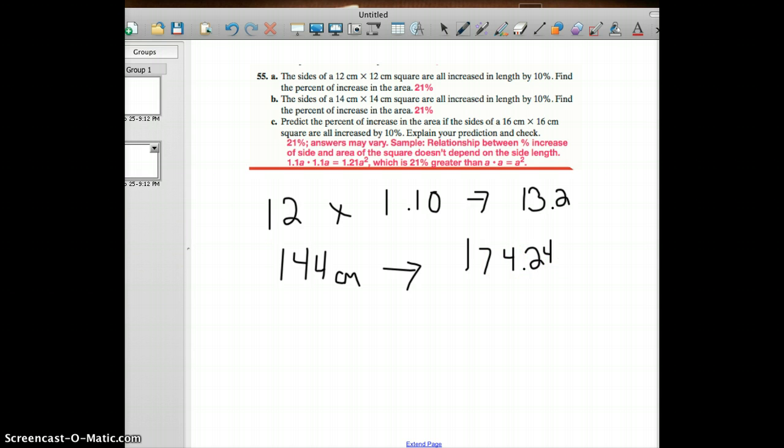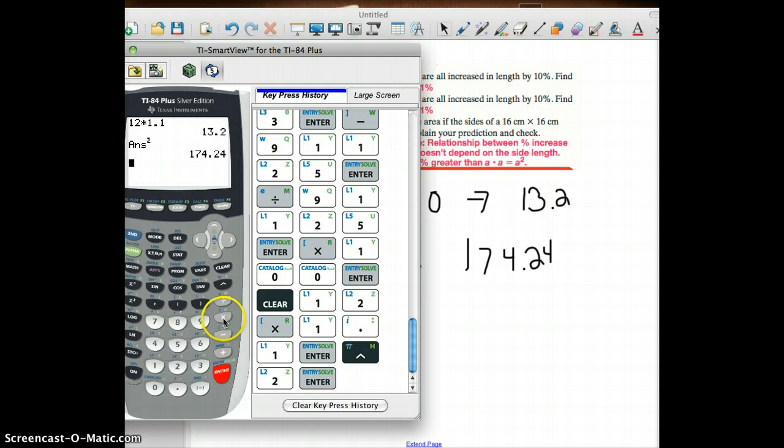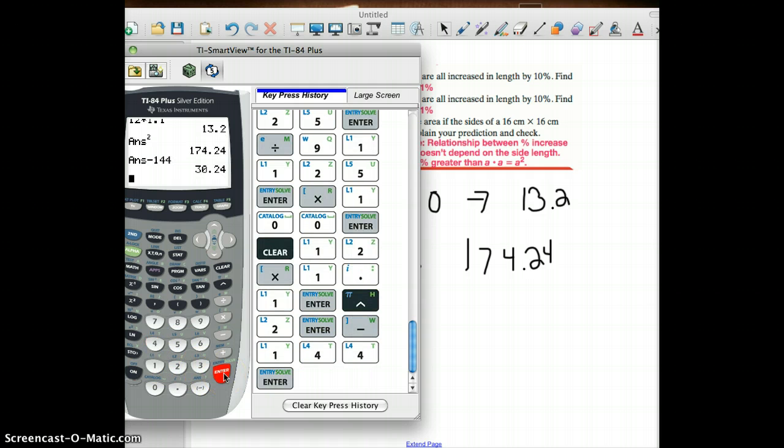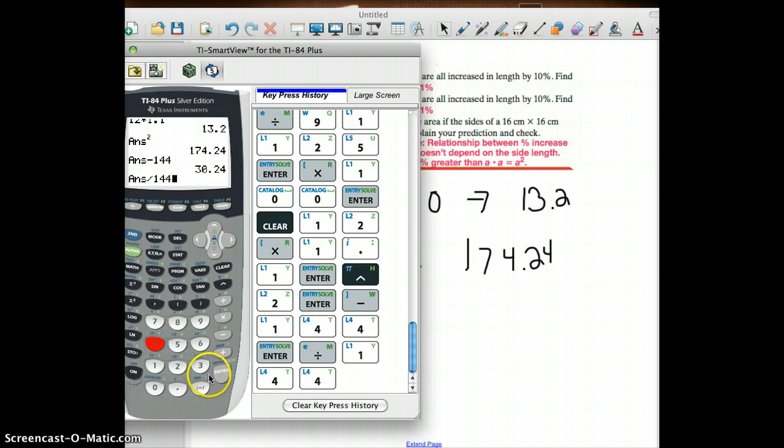Okay, so now we look at the difference between them. So we subtract the 144 from here, and we're left with 30.24, which we then divide by the original of 144. Again, always divide by the original, and we get 0.21, which is 21%.